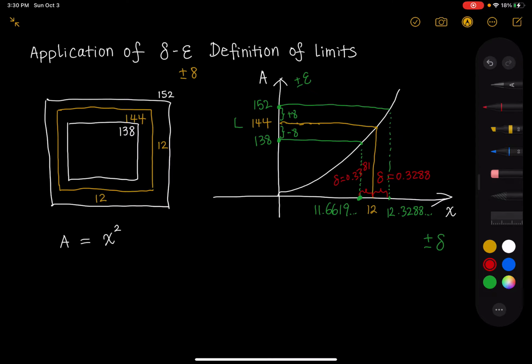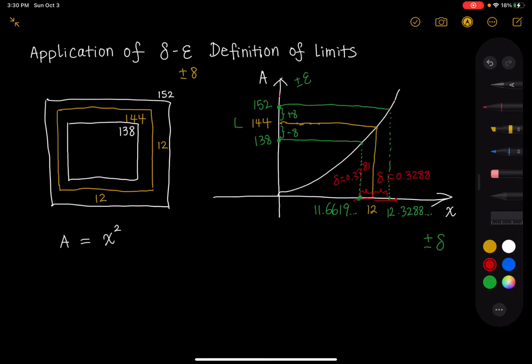Okay? So then the question is, how do I choose my delta? You should choose the smallest. Why? Because if you choose a larger one, if you choose 0.3381 away from 12, it's telling you that you can go up to 12.3381, which is right here. And if you go up, it's more than 8 away from 144.